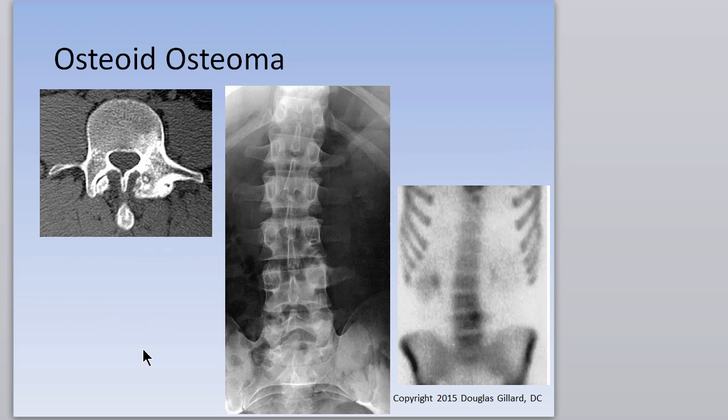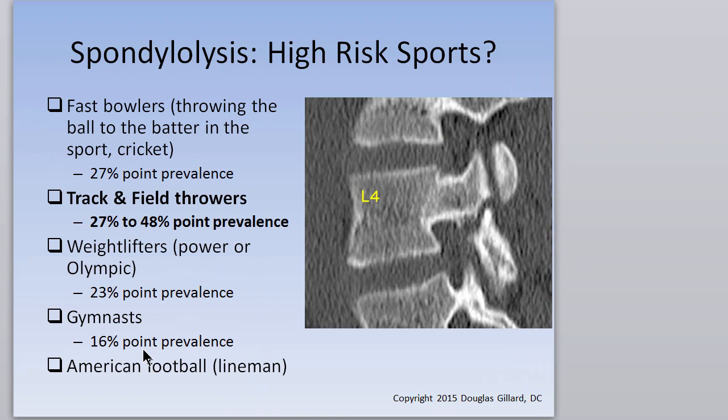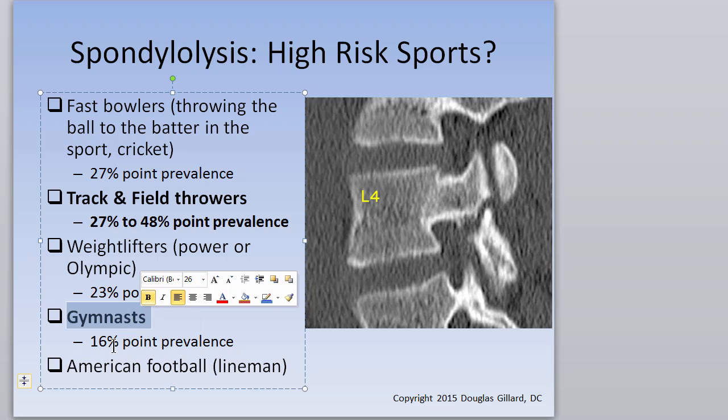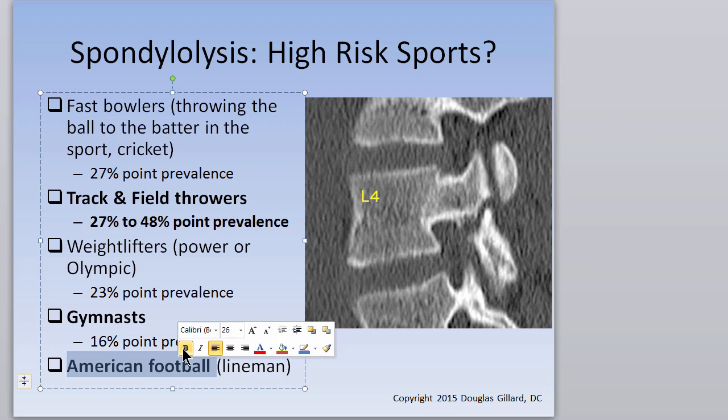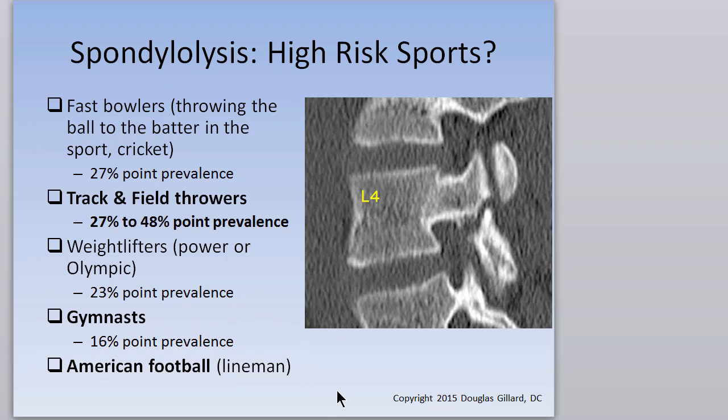High yield material. Okay, know the high risk sports. Fast bowlers, that's in cricket. Track and field throwers, weightlifters, gymnasts, American football. These are very popular sports. So when you have parents bring these type of children in, think spondylolisthesis.